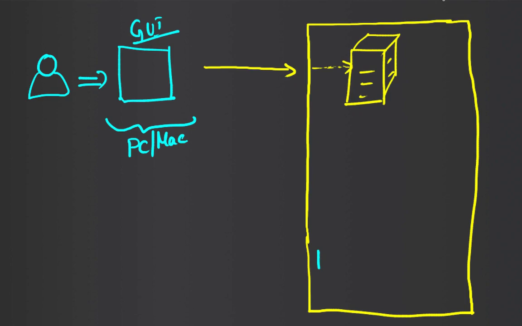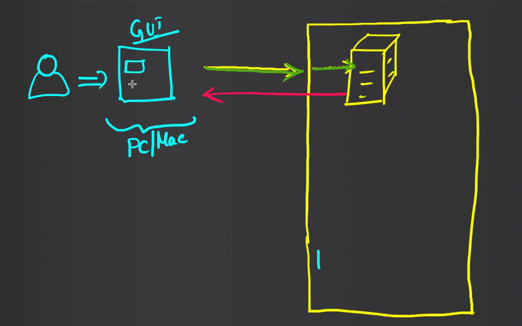So let's say the response is in red. The input or the signal that goes to the server is in green and the response is in red. The server responds and I get the login screen like this.